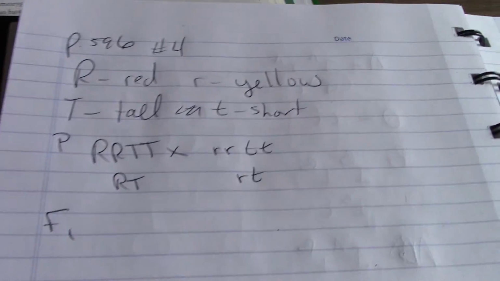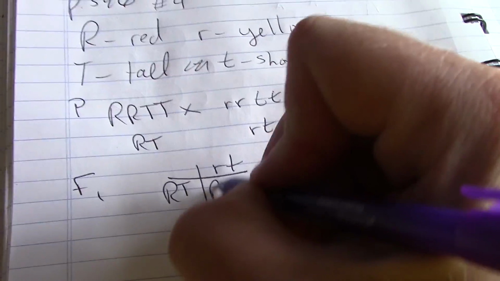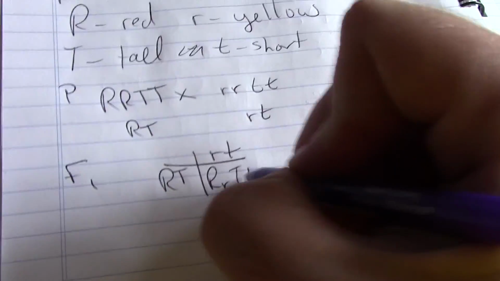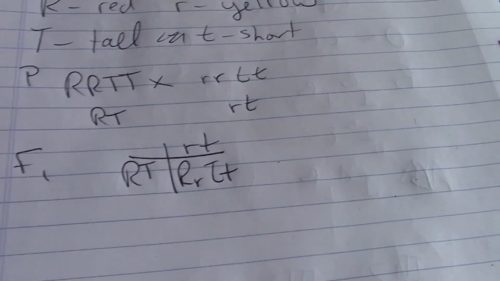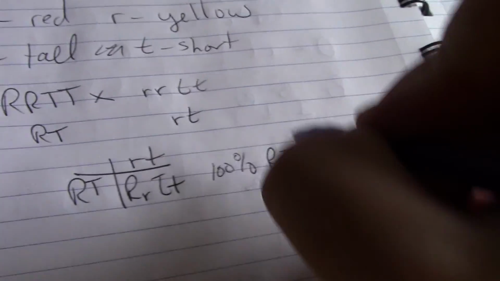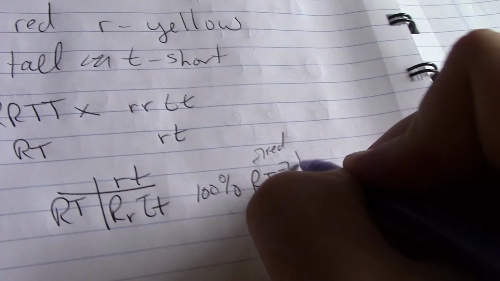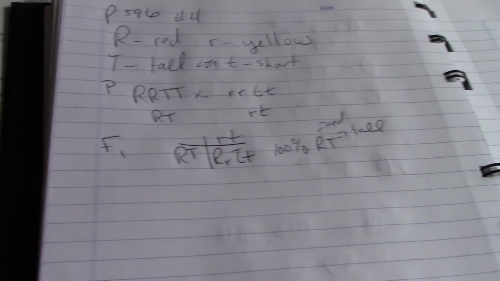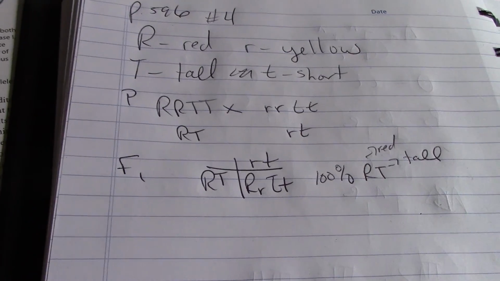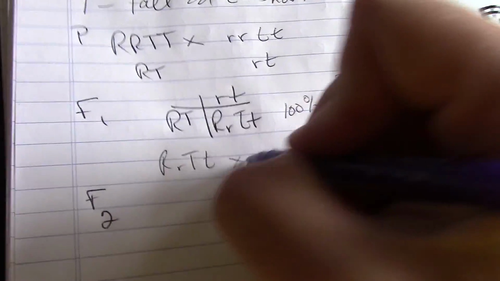Okay, so that's my P generation, and it's asking me to find my F1. So I'm going to have this gamete and this gamete. And I'm going to end up with, in the F1, 100% red and tall. And they're all heterozygotes. My F2, I'm going to have two F1s bred together.